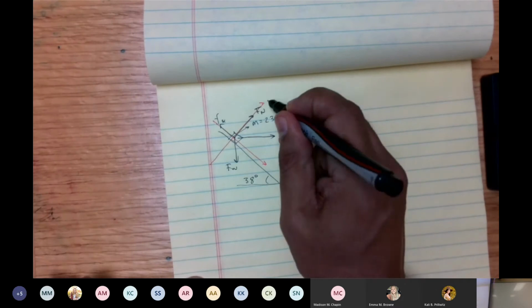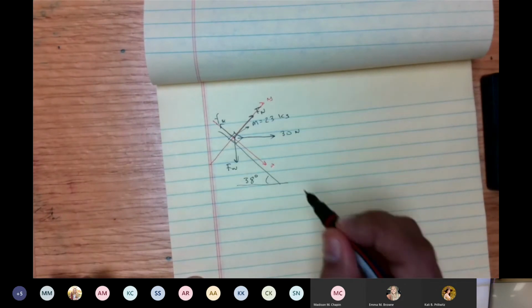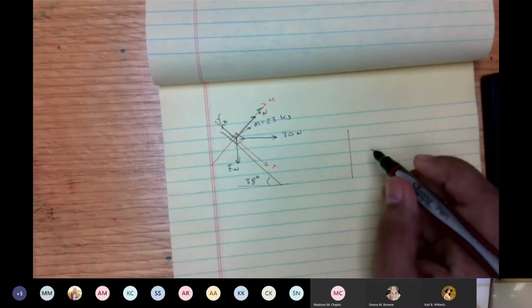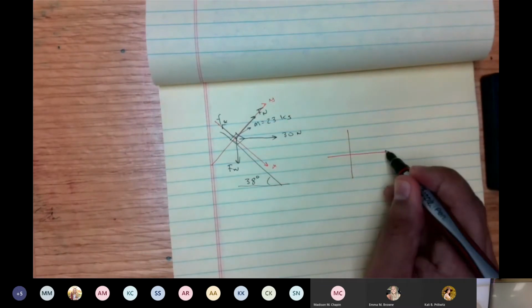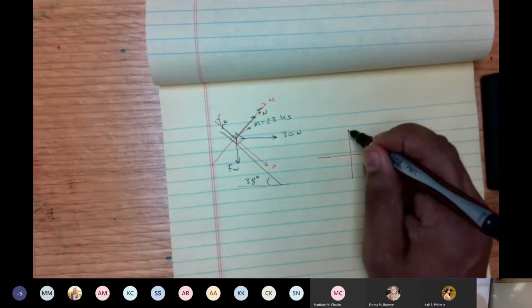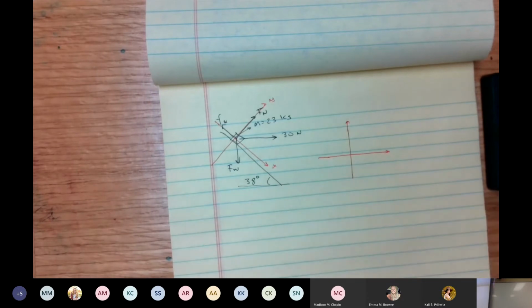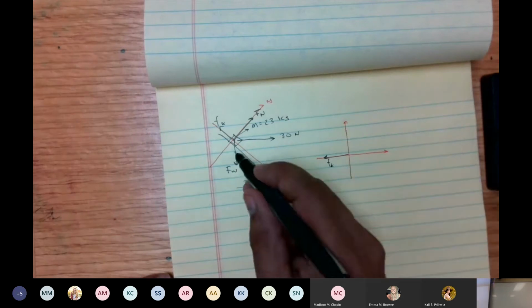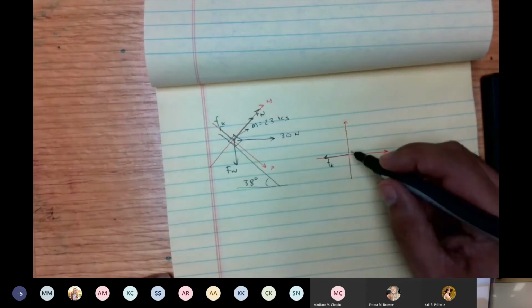It's gonna be my x-axis, and from here, I'm gonna have the friction going backwards. I'm gonna have the weight here. This is gonna be 38 degrees.